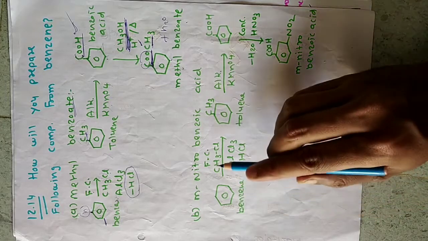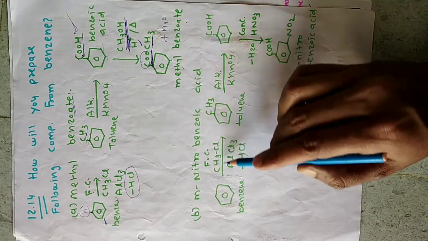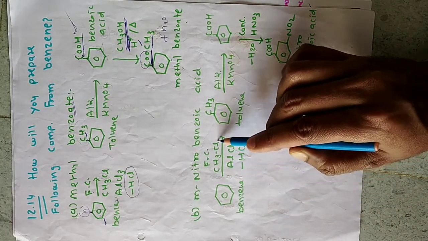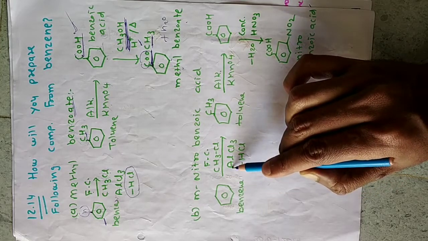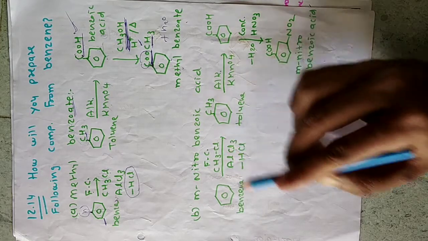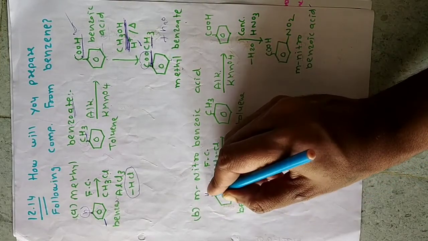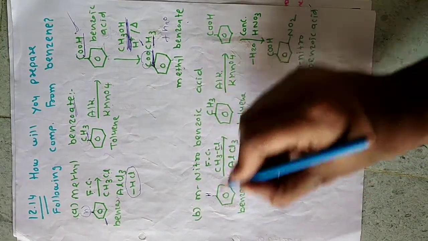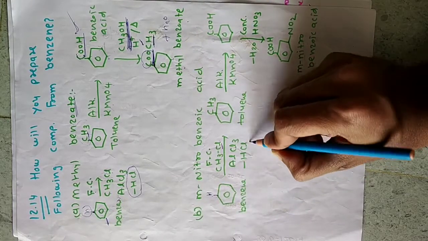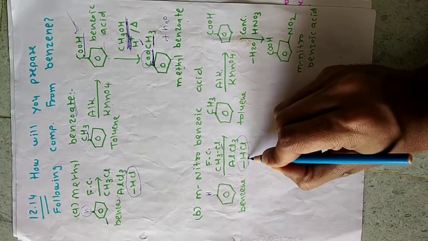For that I am again using the Friedel-Crafts alkylation reaction, CH3Cl as the second reagent and anhydrous AlCl3 as our catalyst. Here a hydrogen is there, and that hydrogen and this Cl will combine to form HCl. So HCl is a byproduct.